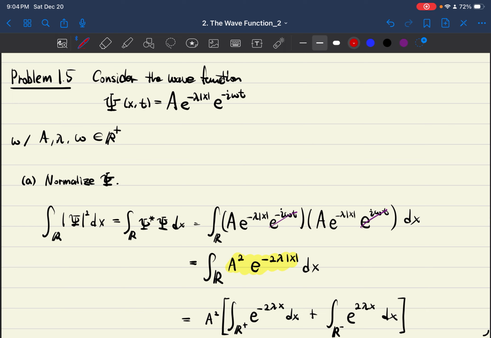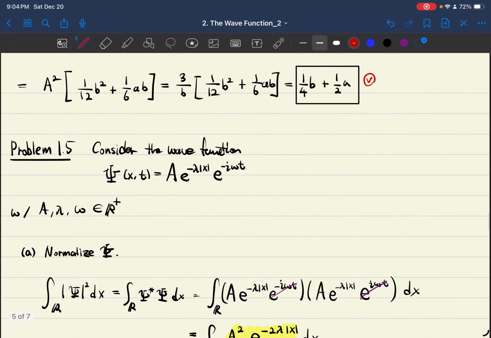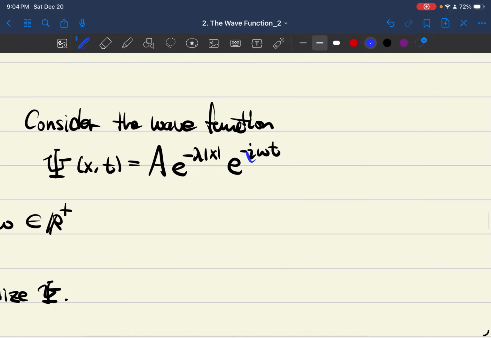Next problem, 1.5. Consider the wave function psi(x,t) equals A exponential minus lambda absolute value of x, exponential minus i omega t. So here you can see the i. So this psi is actually in the complex plane.